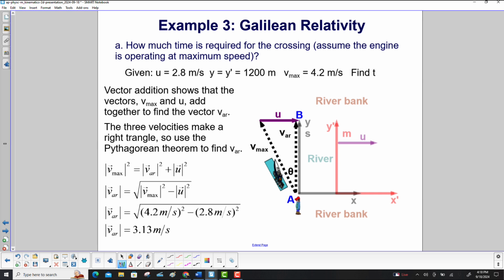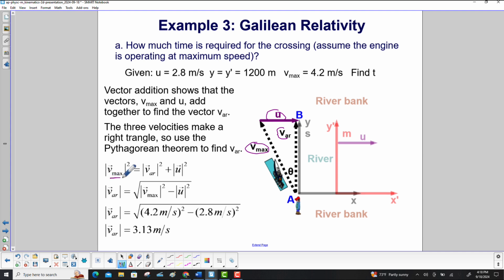Vector addition shows that the vectors Vmax, right over here in the dashed line, plus the vector u in purple, add together to find the velocity V sub AR, right over here. The three velocities make a right triangle, so use the Pythagorean theorem to find V sub AR.